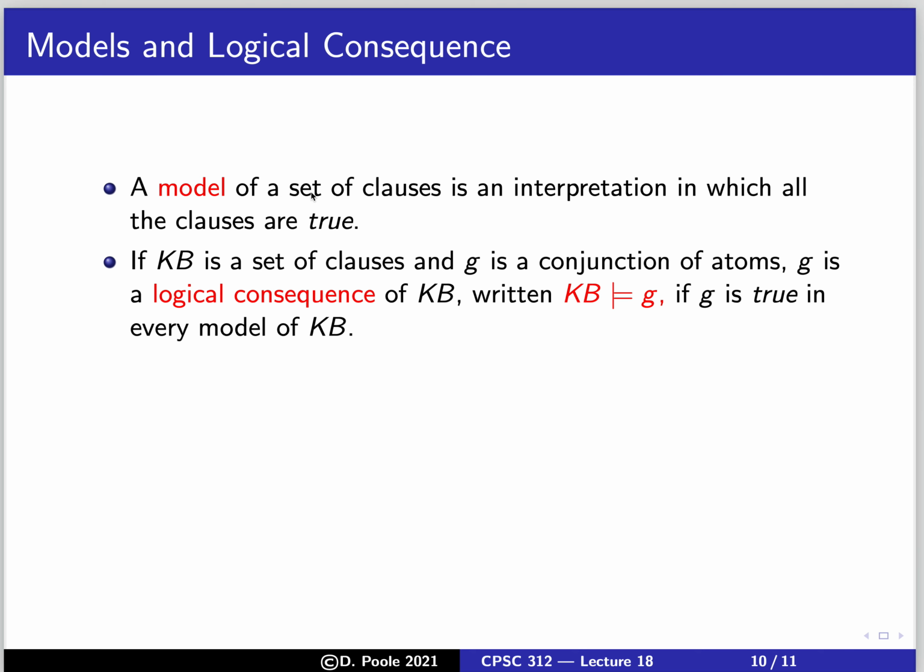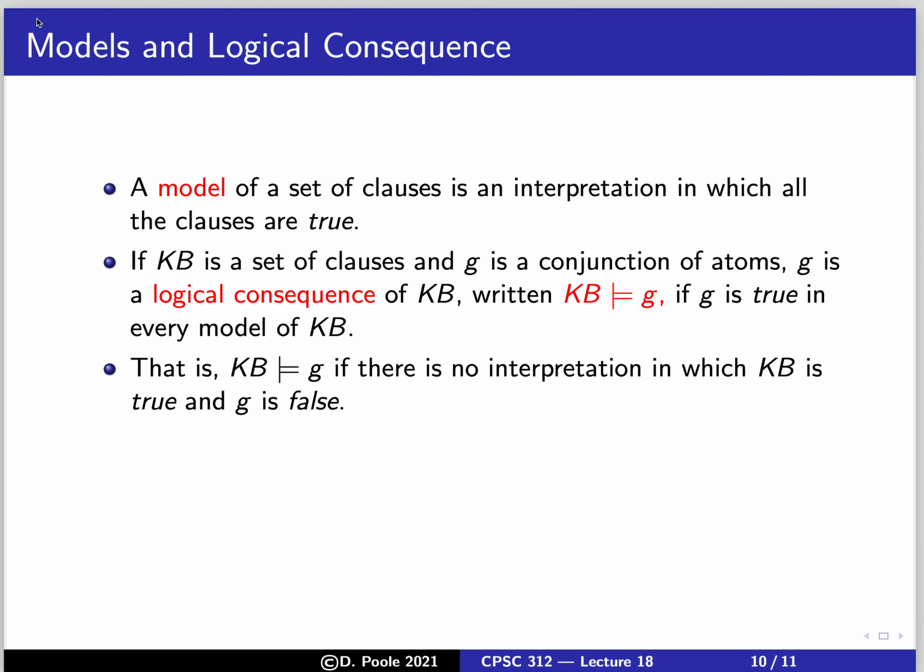So a model is an interpretation in which all the clauses are true, and so this means that G is true in every model of the knowledge base. So there's no model of the knowledge base, there's no set of assignments of values where all of the clauses in the knowledge base are true and G is not true.